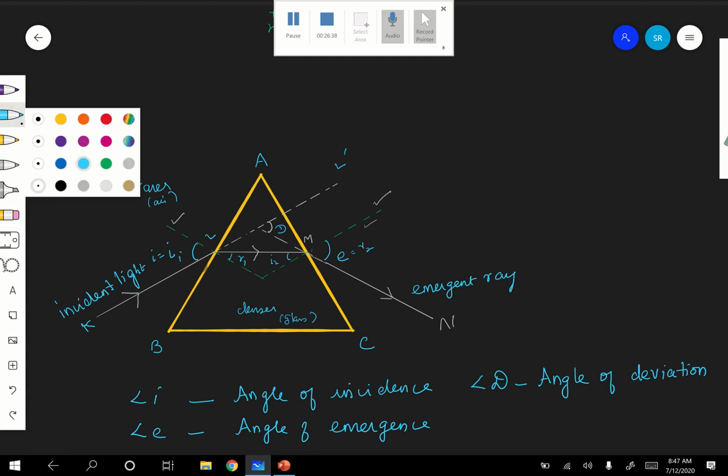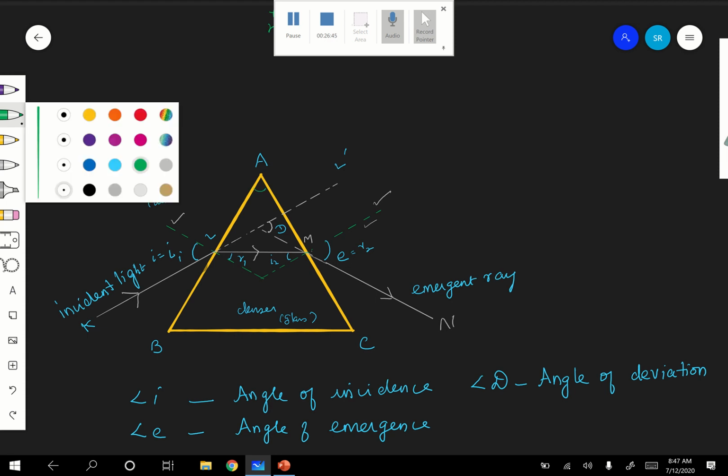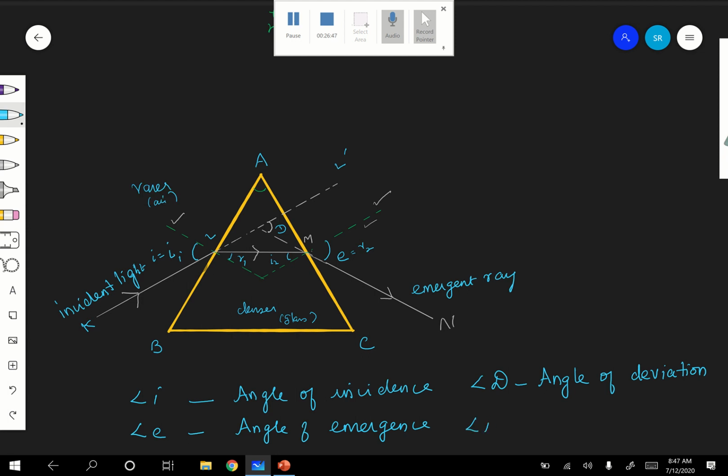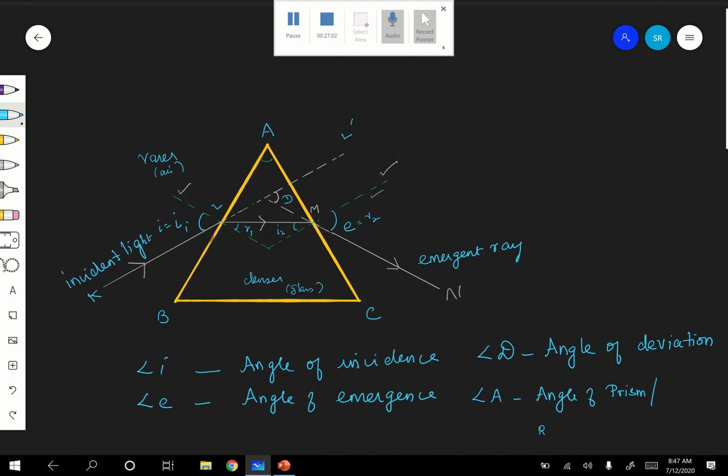Angle A is what is called the angle of the prism, or it is also called the refracting angle. Are you following, children?